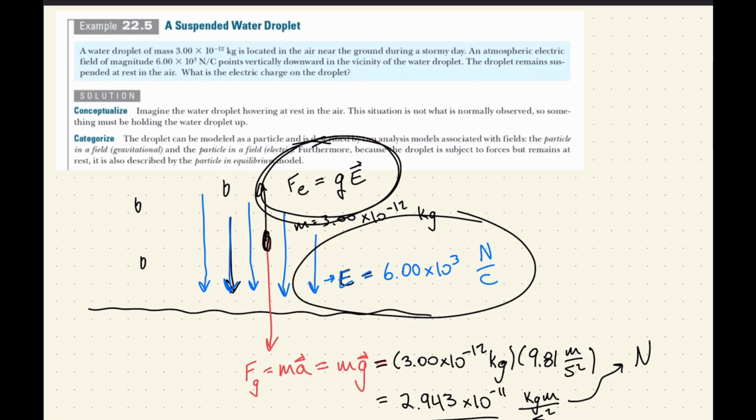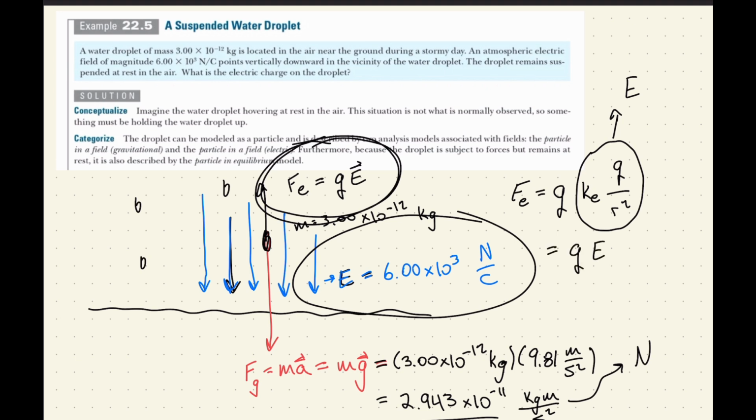Basically, it is just Coulomb's law, except they factor out a Q, and then they write Ke, they write another Q here, R squared, except they call this whole thing the electric field. So instead of writing the equation like that, they write some charge times the electric field.